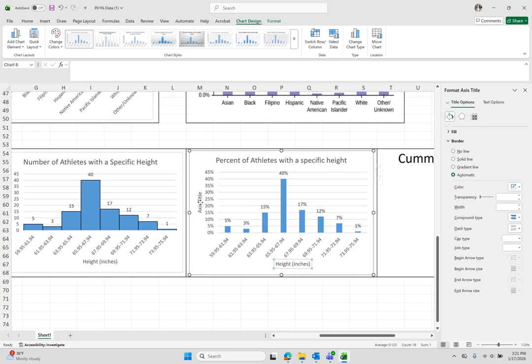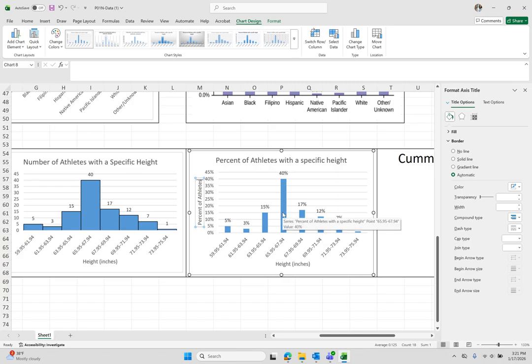I will update the vertical title not to say relative frequencies, but to explain what is a relative frequency. So it will say % of athletes, and the title % of athletes with a specific height.